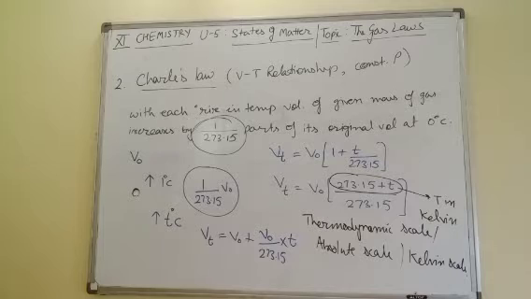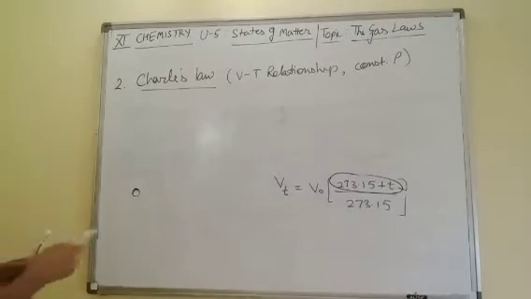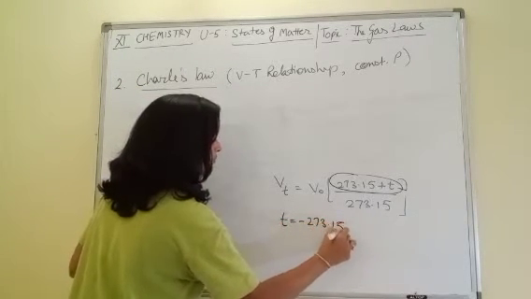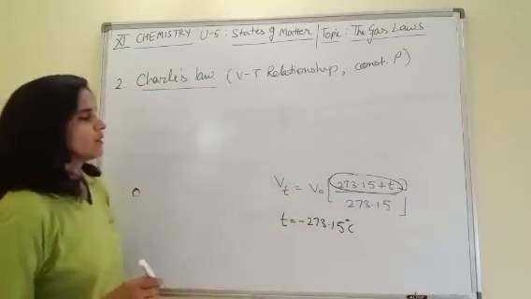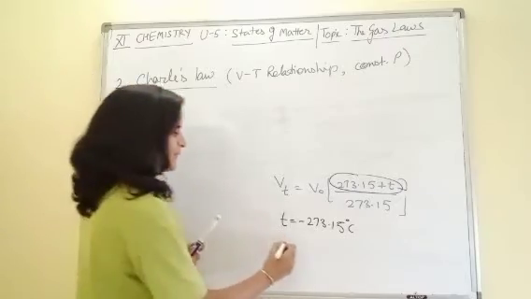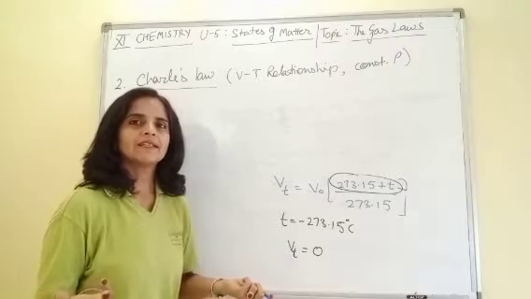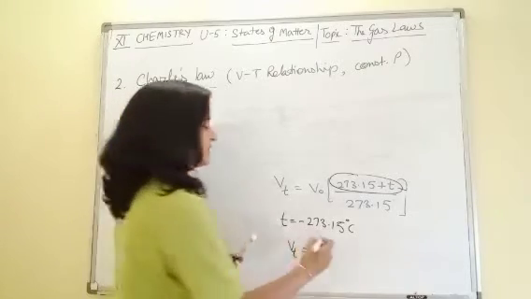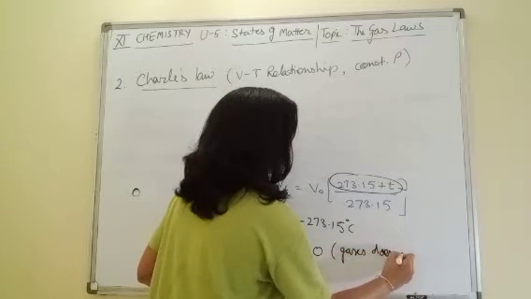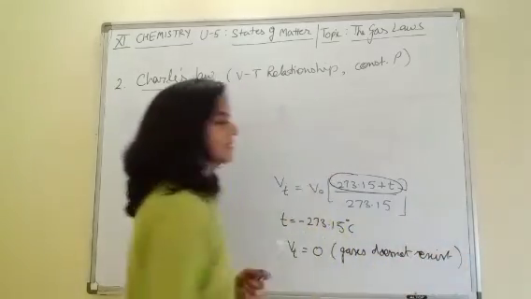Now children, in this equation, if I substitute the temperature as minus 273, just check what will come. When I take the temperature minus 273.15 degrees Celsius and substitute this value here, the volume comes 0. 0 volume means gases cannot exist at this temperature.